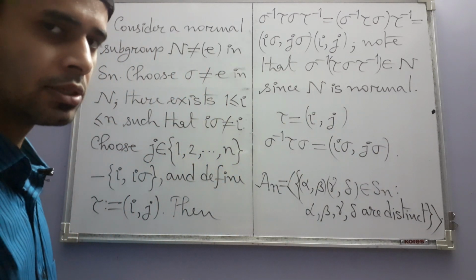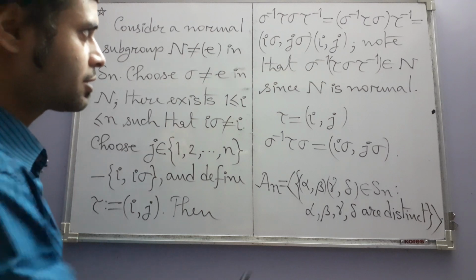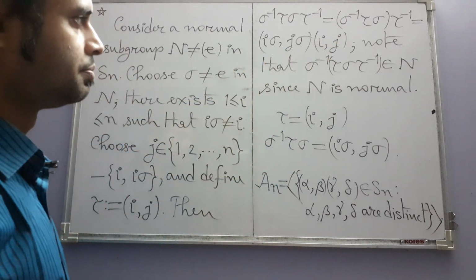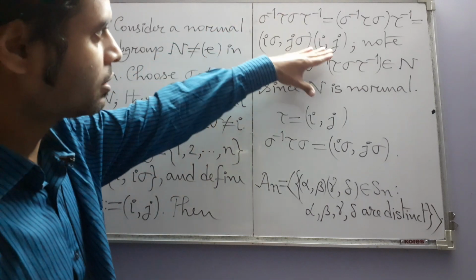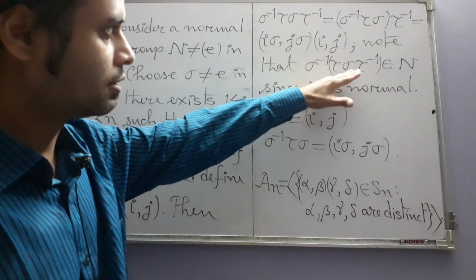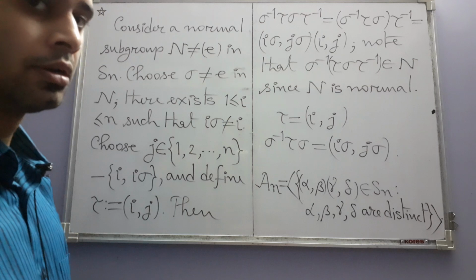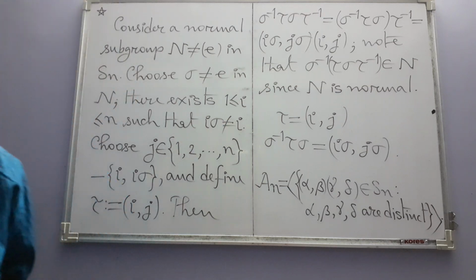It happens, this is a fact. So that's what we have used here. Okay, and this particular product, it looks like this and it belongs to N. Now what? Let's see.